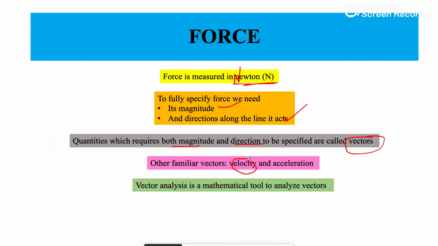The mathematical tool to analyze and understand vectors is called vector analysis. Because we talk of vector analysis, we will also need to know how to represent these vectors numerically, and that is the subject of coordinate systems. So we will study vector analysis in further slides.